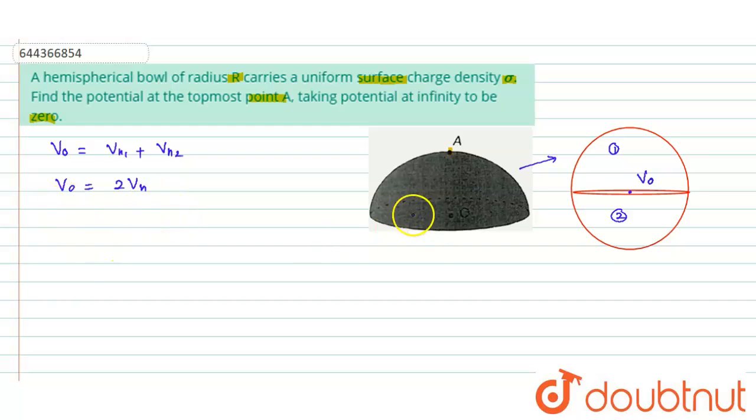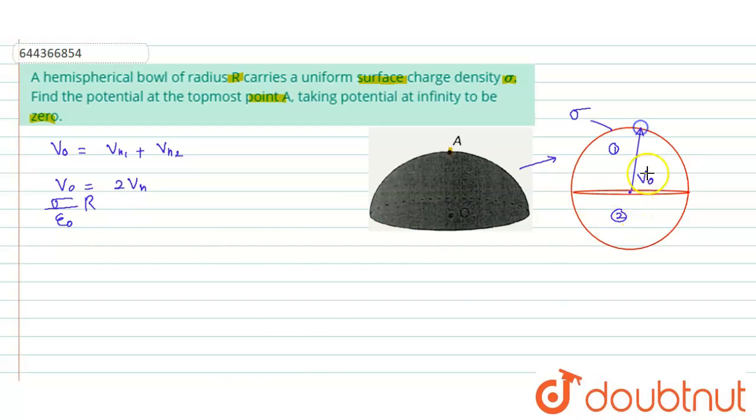So what is the potential due to the sphere at the center? At the center, if the surface charge density is sigma, then the total potential is sigma divided by epsilon naught into r, where r is the radius of this sphere.